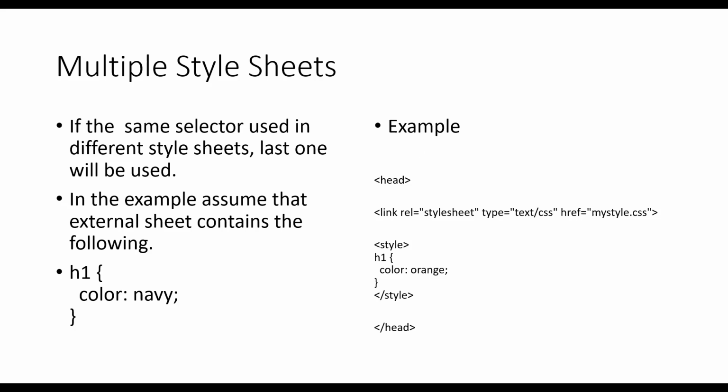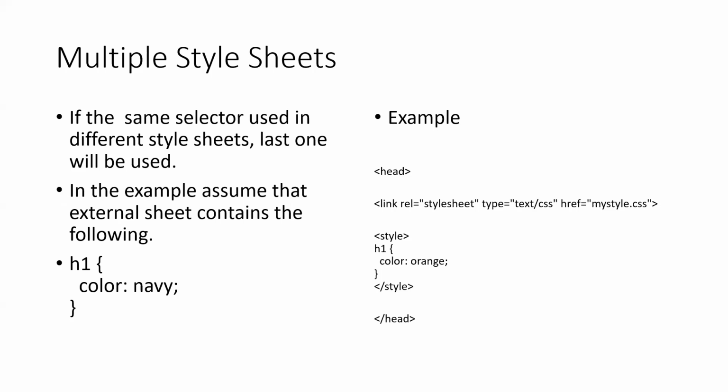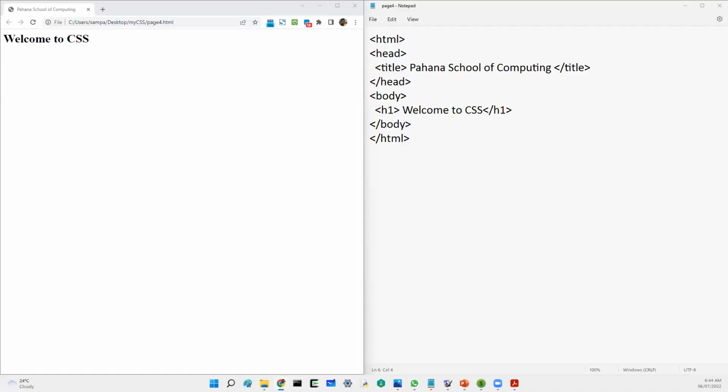So I'm going to create page 4 HTML, and then I'll be opening page 4. Now let me share the screen with you. You can see it's like this. Now we have an external style sheet.